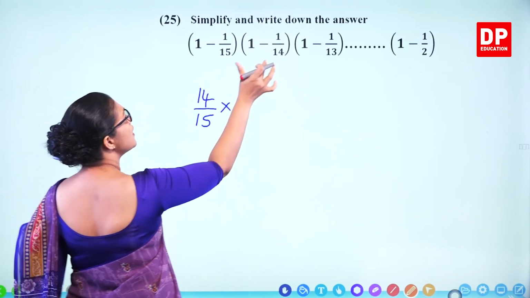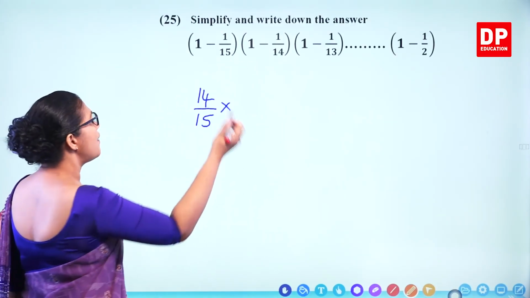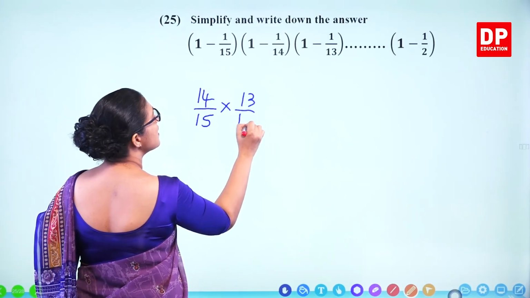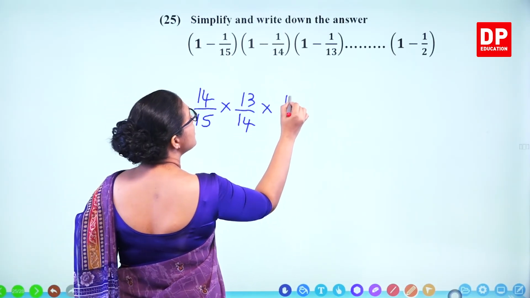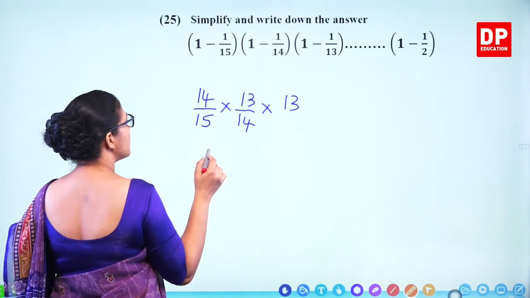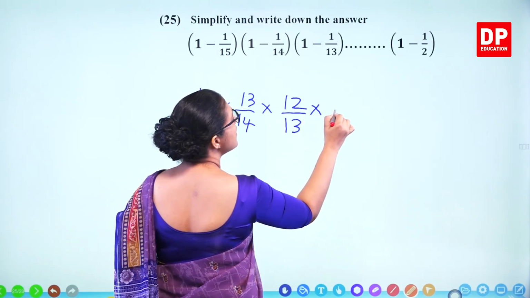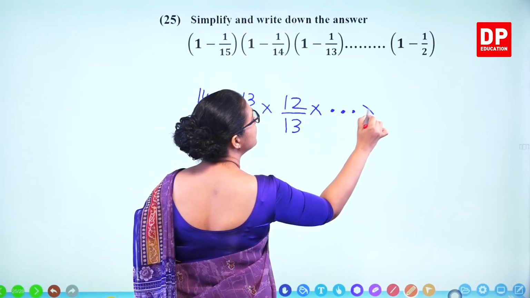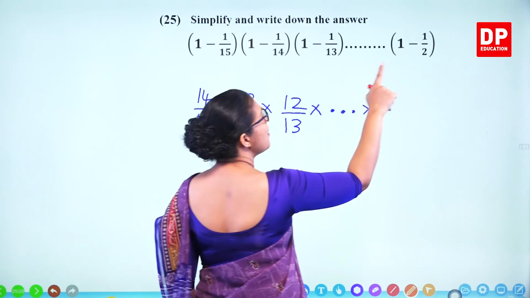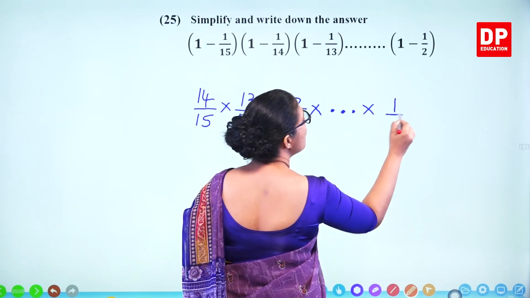So likewise, what is this one? 14 over 14 minus 1 over 14, 13 over 14. This one 13 over 13 minus 1. So 12 over 13. So likewise, what's the last value? 1 minus half. That means 2 minus 1 means 1 over 2.